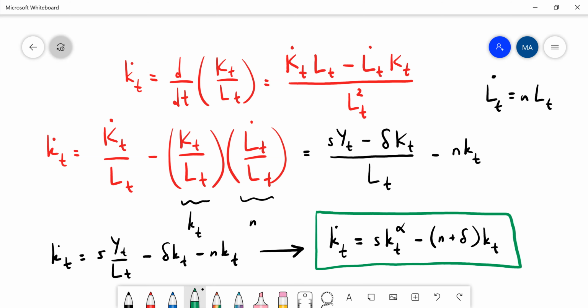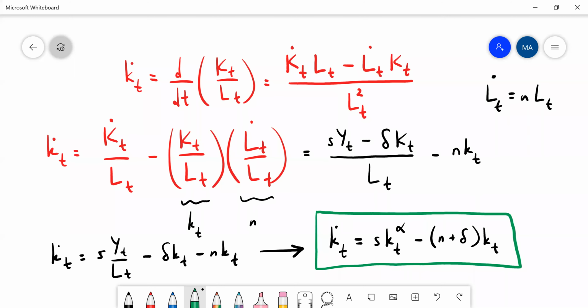Right? So look at this equation. It is almost exactly the same that we studied in the last hour. Right? There is, of course, a key difference. Now, this is capital per worker. Right? In the earlier model, labor was fixed. But now, labor itself is growing.